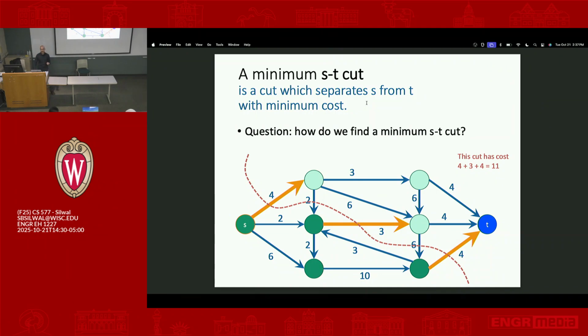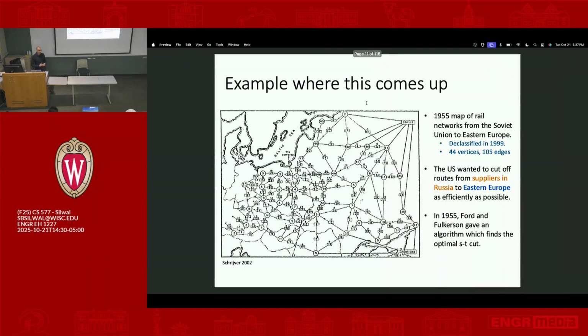Any questions? Okay, so why would you care about this problem? I redefined what I meant by a cut. Now this problem actually has a really cool history, and when I was taking algorithms, this is my favorite example of an algorithm. This is history, right? It's not going to be on your quiz or anything, but it's pretty cool.